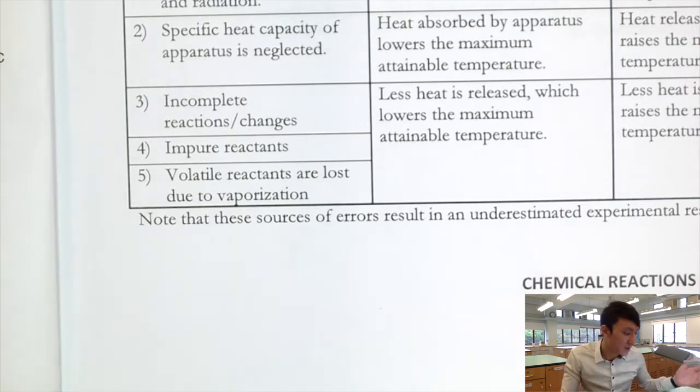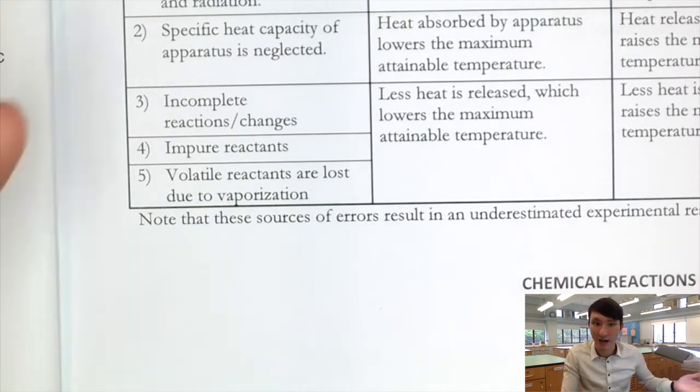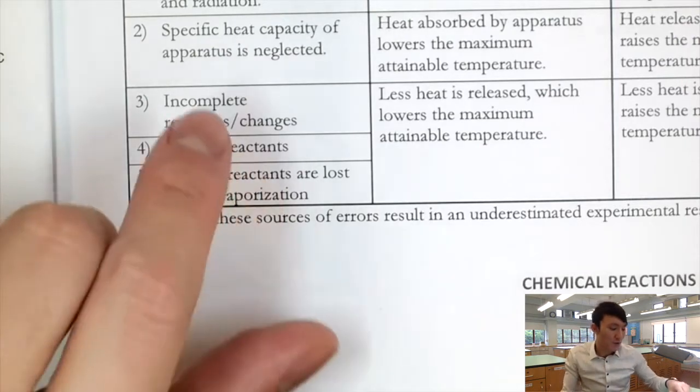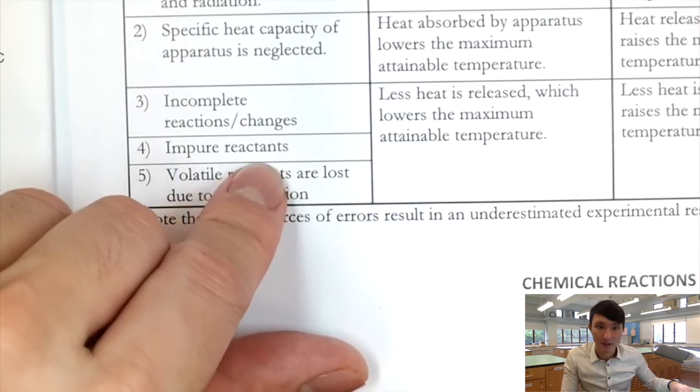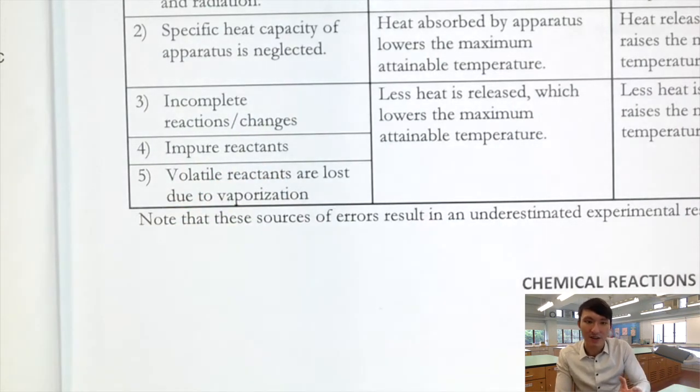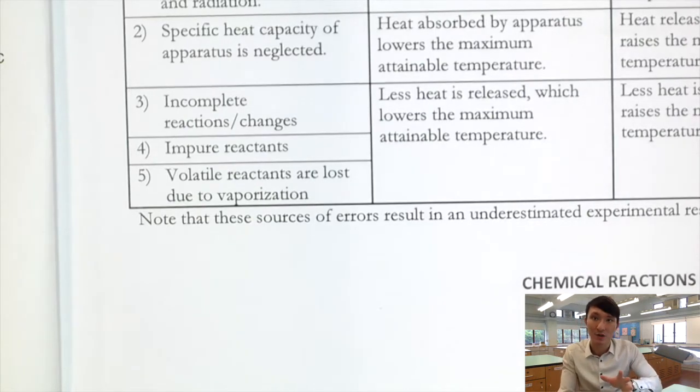You could have some calcium oxide inside or calcium carbonate, which is insoluble in water. So it may result in less heat being released, or in a very rare case the impurity actually releases even more heat, but very rare. Usually the impurities will result in releasing less heat.